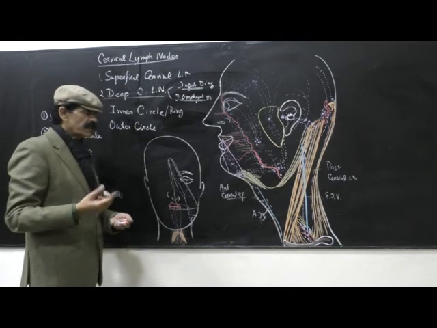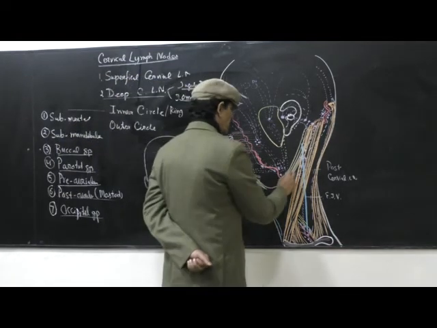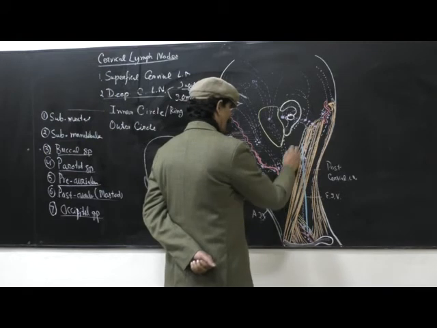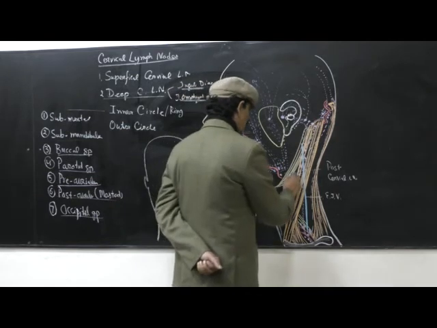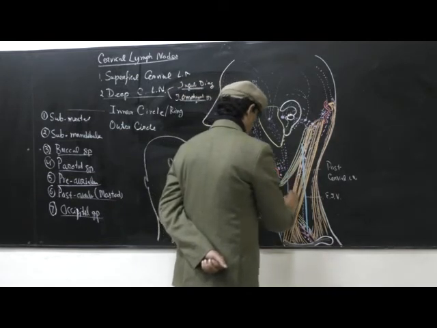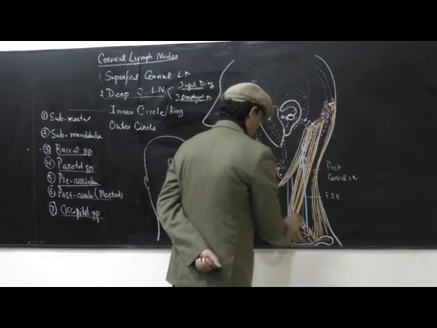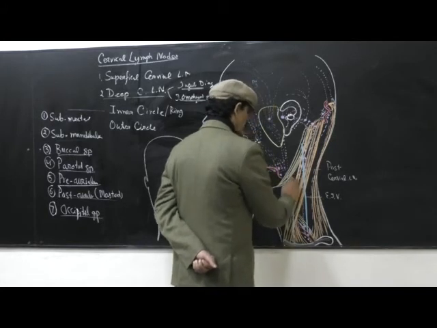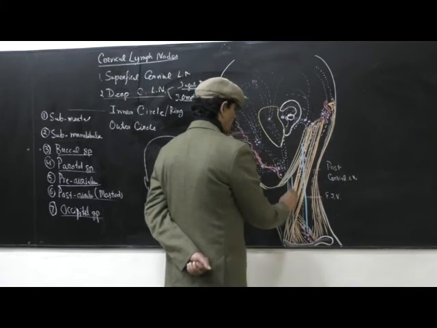Jugulo-digastric, as its name suggests, this group of lymph nodes lies in the carotid sheath in relation to the internal jugular vein, which is overlapped by the sternocleidomastoid muscle.